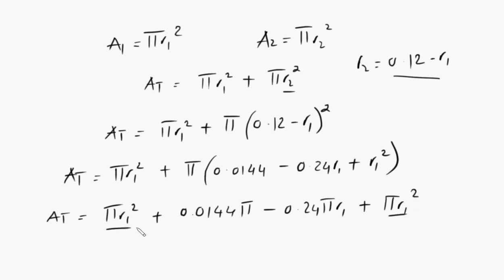This and this look alike. So finally, my total area is just 2 pi r1 squared minus 0.24 pi r1 plus 0.0144 pi. This is my total area.